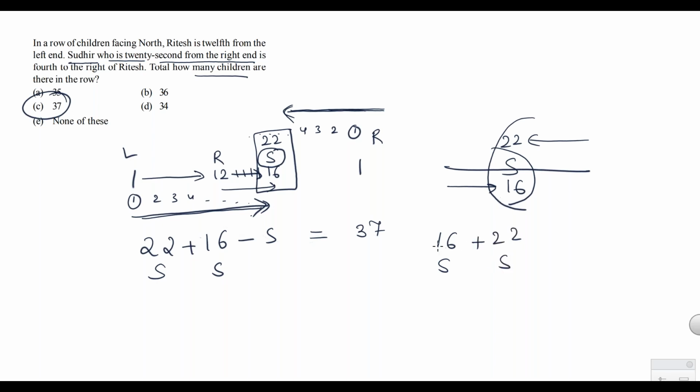If I add both 16 plus 22, in these 16 people I have already included Sudhir. Out of these 22, I should not take all 22 because Sudhir is already included in the 16. I have to take only 21 people who are on the right side of Sudhir, but I am adding 22. So for correction, I have to subtract 1 for Sudhir. 16 plus 22 is 38, minus 1, that is 37.